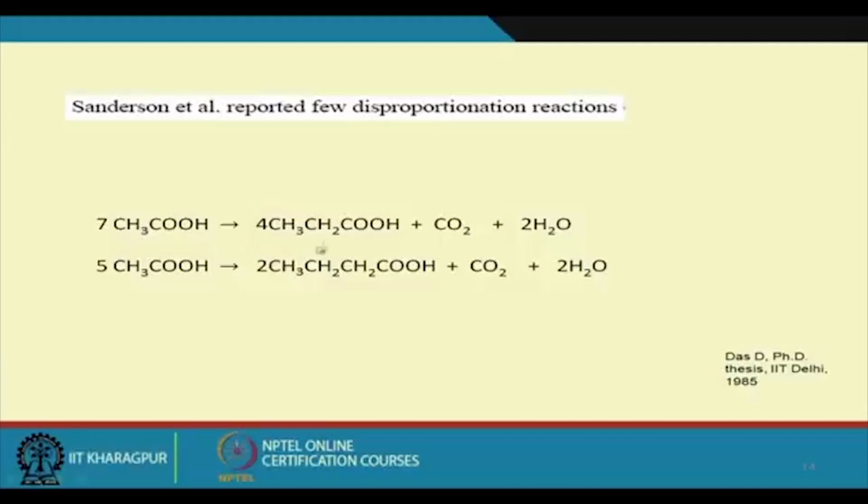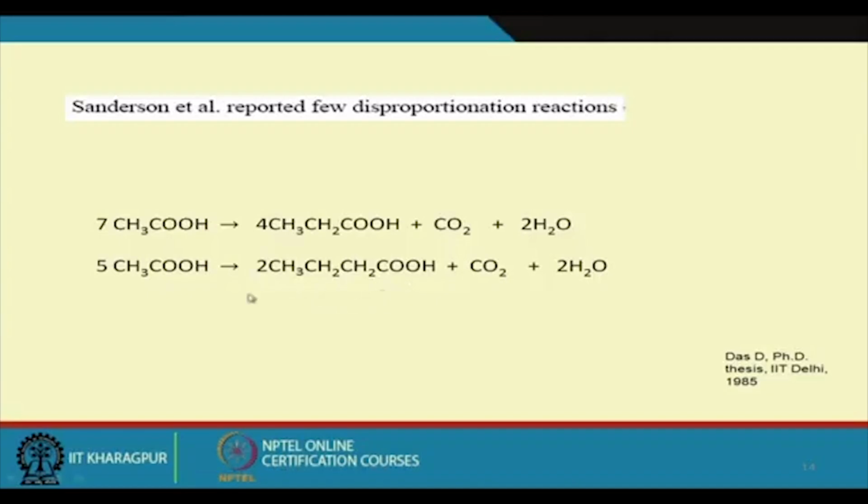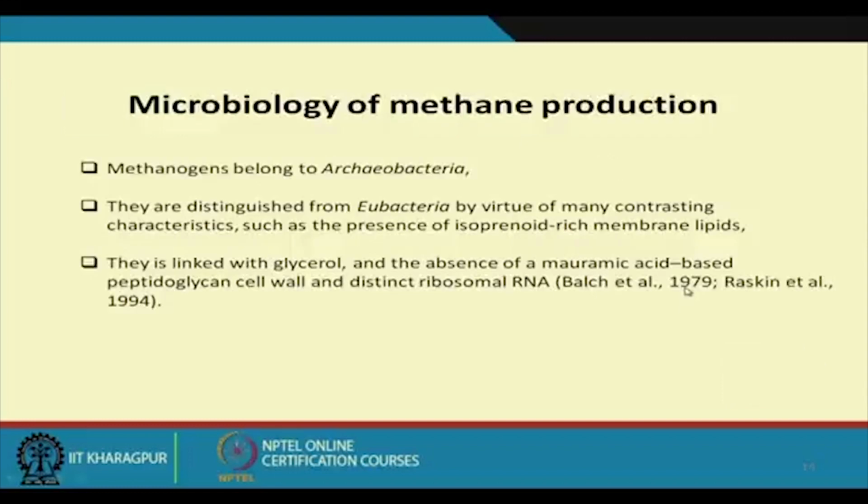Usually we express the concentration of volatile fatty acids in terms of acetic acid. If you want to express it like this, 5 moles of acetic acid is equivalent to 2 moles of butyric acid, and 7 moles of acetic acid is equivalent to 4 moles of propionic acid. This is the disproportionation equation developed by Sanderson.